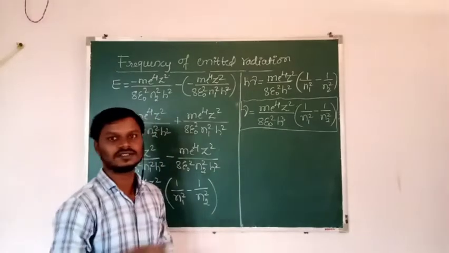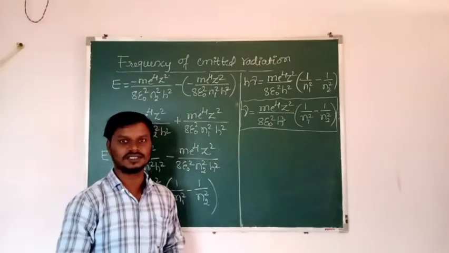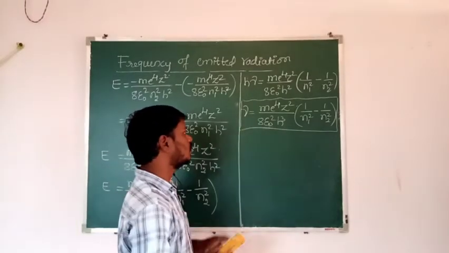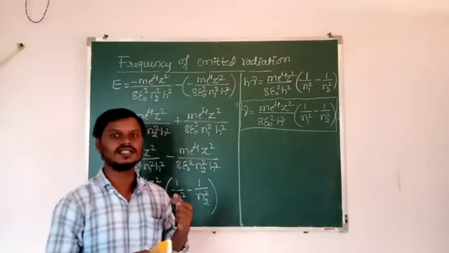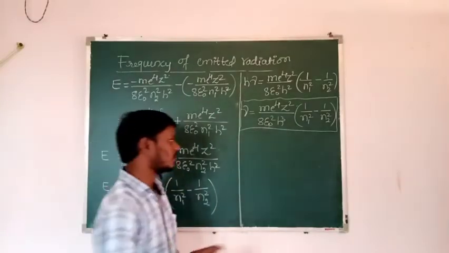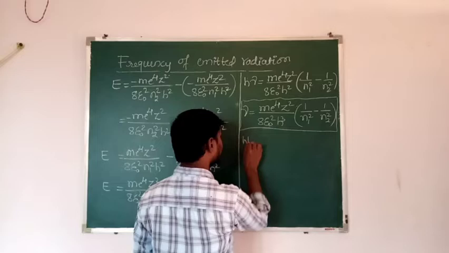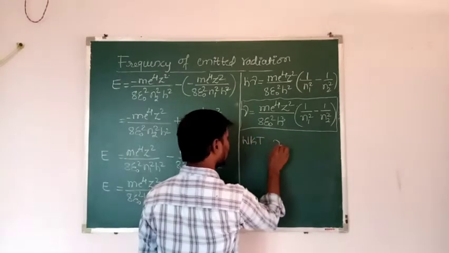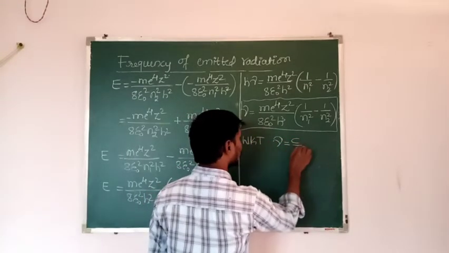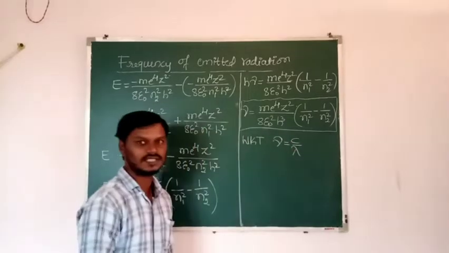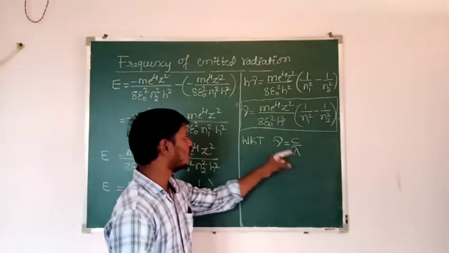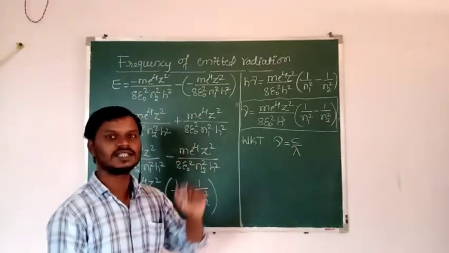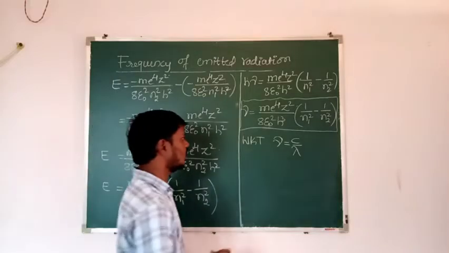And also we are going to find the wavelength of the emitted radiation by using the same formula. Already we know the relation between the frequency and wavelength. We know that nu is equal to c by lambda. Wherever nu is there, I will put c by lambda, then we will get the wavelength of the emitted radiation.